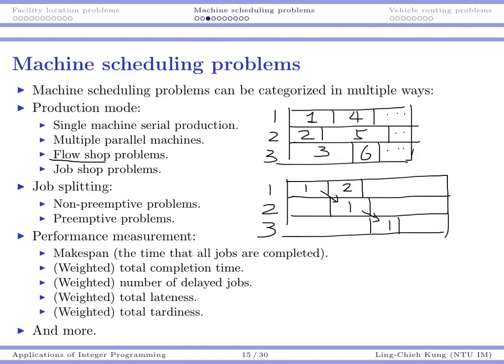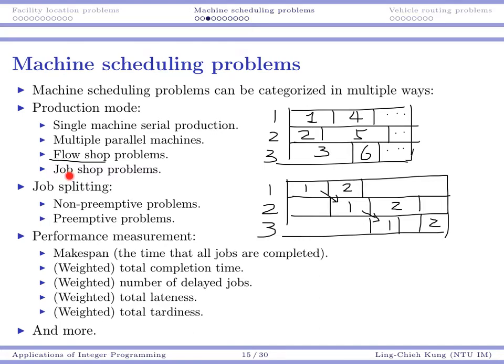Sometimes job 2 must wait for a while before you can start running the second stage because job 1 is still there. And sometimes after you complete a stage, you need to wait for a while until you can process the next task, like here. So flow shop obviously is more complicated than parallel problems.